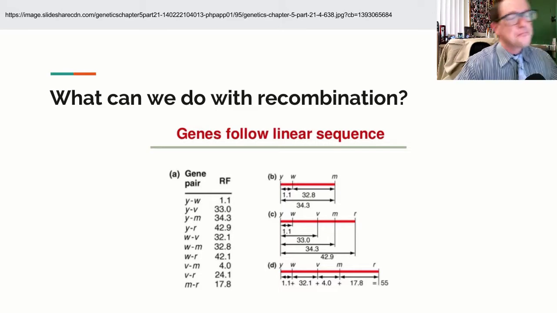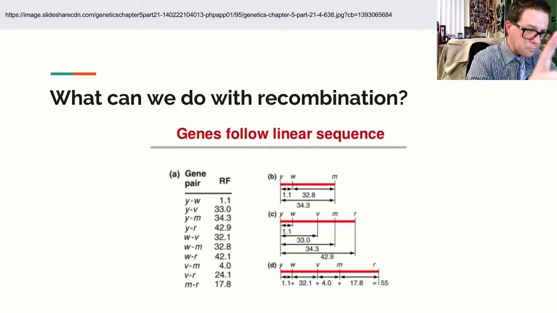But anyway, what they did was they took the information and realized, I can make a map out of this, which is what this picture is showing you. We can actually take recombination frequencies, RF, and string things together.